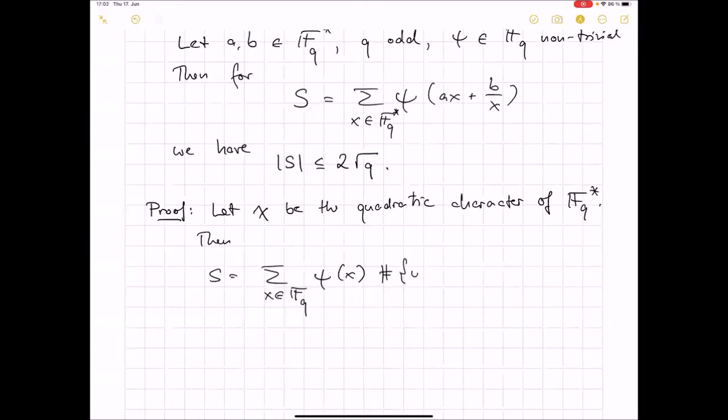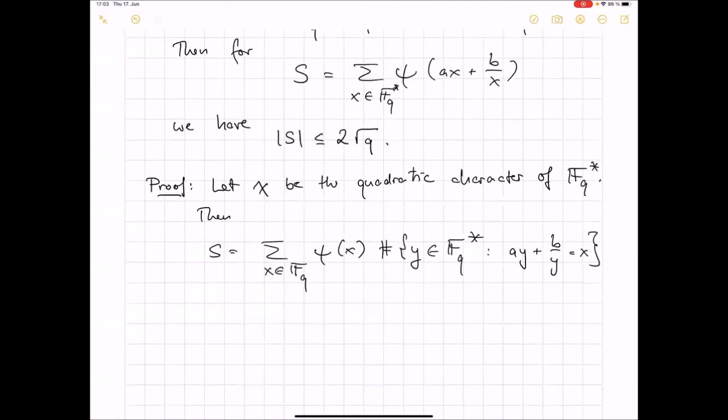So I count all the y's in F_q star such that ay plus b over y equals x. I just sort the sum by common values of ax plus b over x. Okay, and this is a quadratic equation, and I just want to know how often this happens. I can find this out using the quadratic character and the discriminant of this quadratic equation.